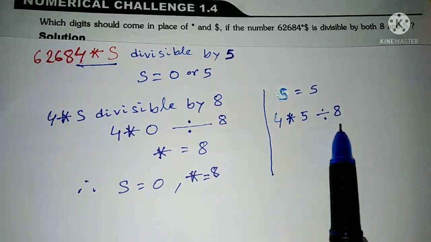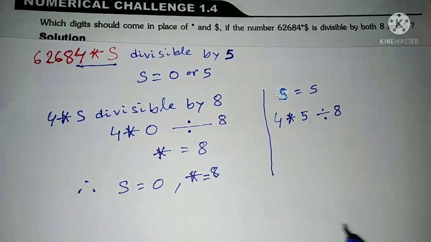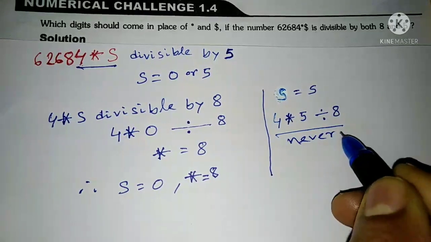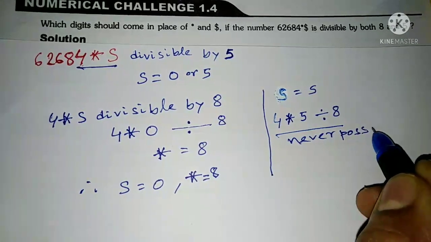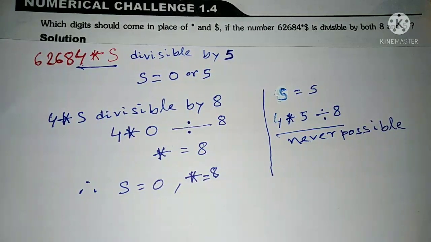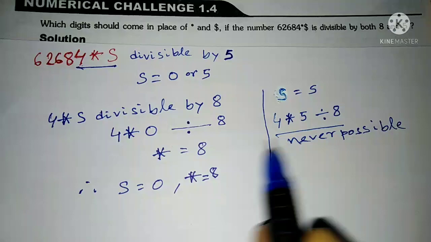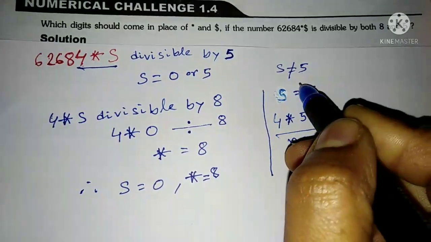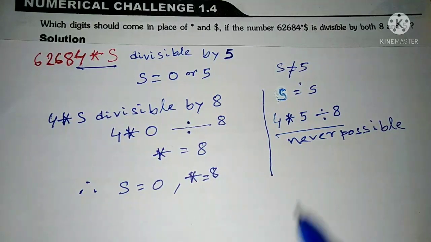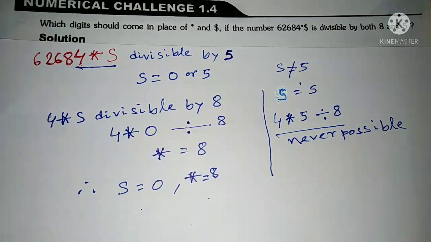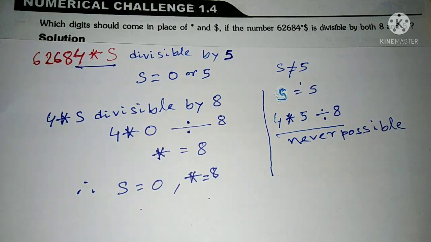So this number will never be divisible by 8. So S will never be equal to 5. So the value of S is 0 and star is 8. I think you understood this question also.